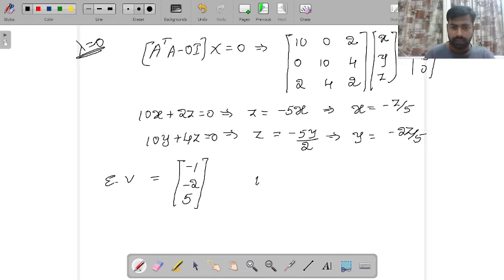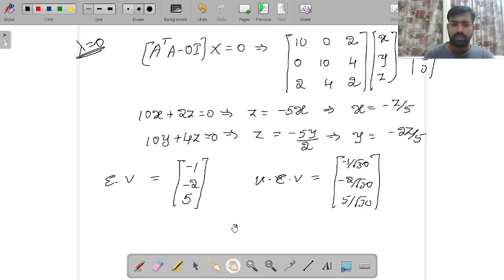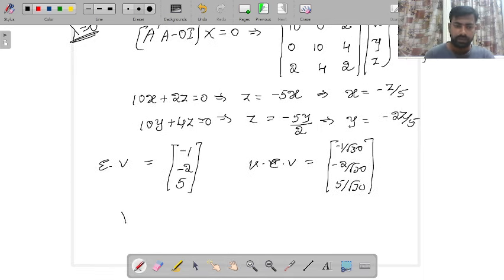Now the unit eigenvector, the length of this is 1 plus 4 plus 25, that is 30. So negative 1 by root 30, negative 2 by root 30, and 5 by root 30.